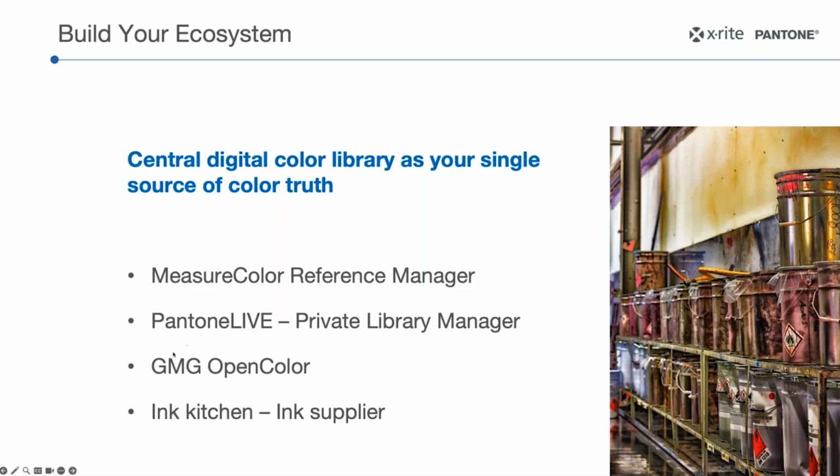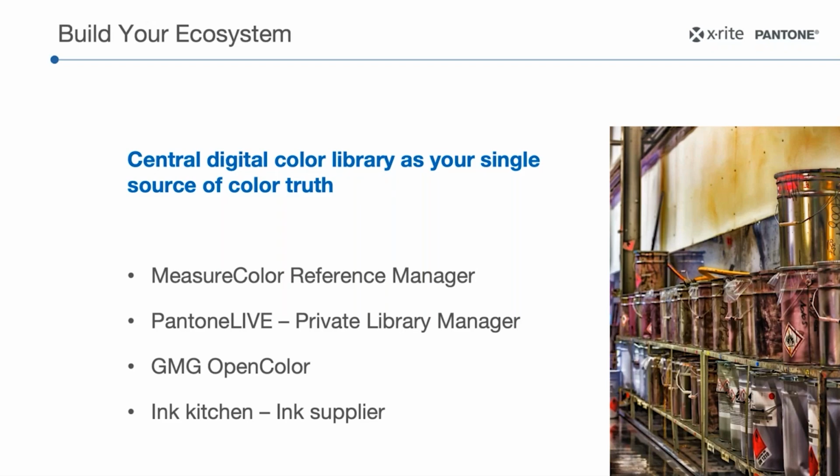When you have GMG OpenColor, you can connect to the database of OpenColor, and the digital targets that you're using for proofing are then shared inside of MeasureColor. And in MeasureColor at the printing press, you're using the same color targets as the ones that you used during making of the digital proofs.